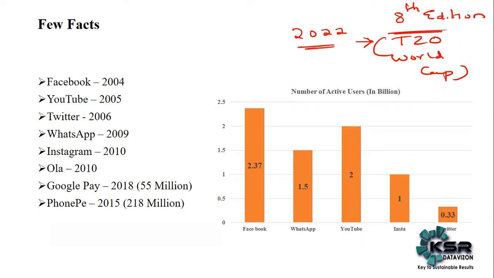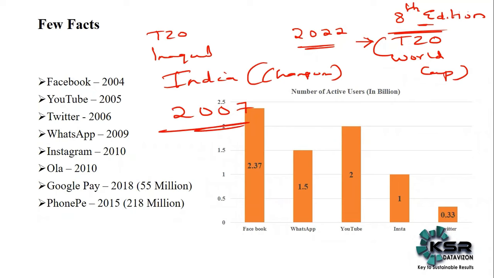So what you're doing is actually utilizing apps like Instagram, WhatsApp, Facebook, and you're sharing your happiness. Today you're posting on Instagram, WhatsApp, Facebook, everything. I mean, in 2007 the first T20 World Cup was inaugurated, and India won it. Well, I don't know how many of you remember, but I still remember the India-Pakistan match ended in a tie.